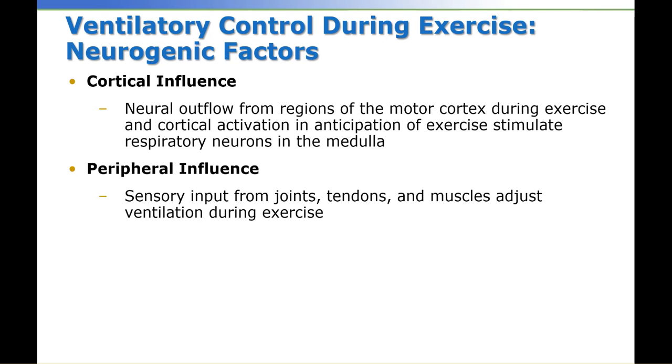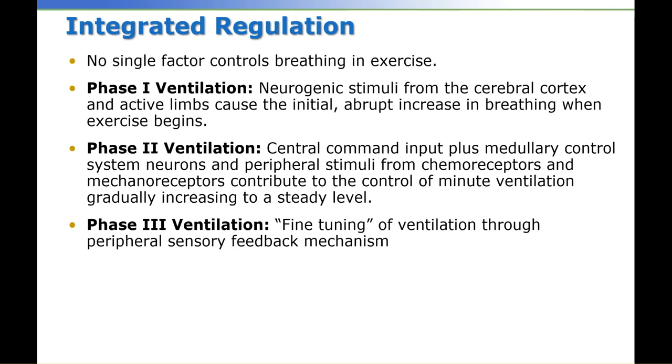Specific peripheral receptors remain unknown, but experiments involving passive limb movements, electrical muscle stimulation, and voluntary physical activity with the muscle's blood flow occluded support the existence of mechanical receptors in peripheral tissues that produce reflex hyperpnea. And hyperpnea, by the way, is increased ventilation. That's what the term means.